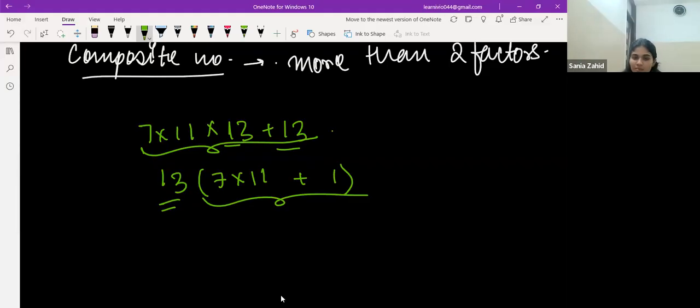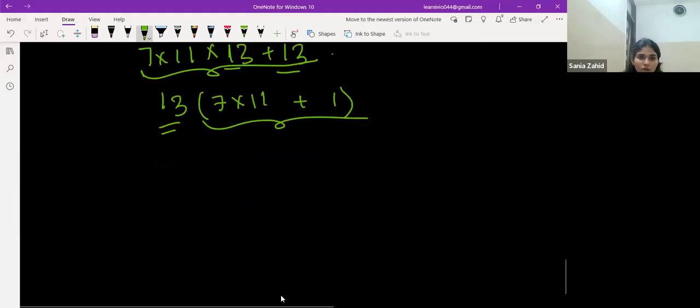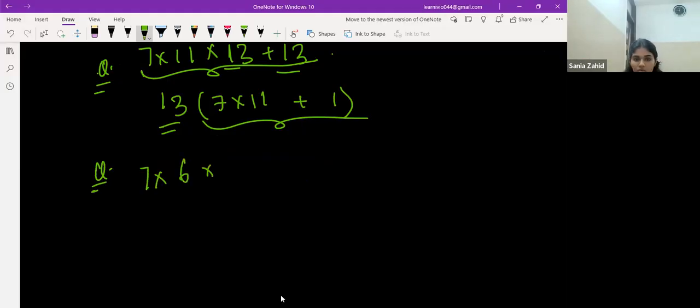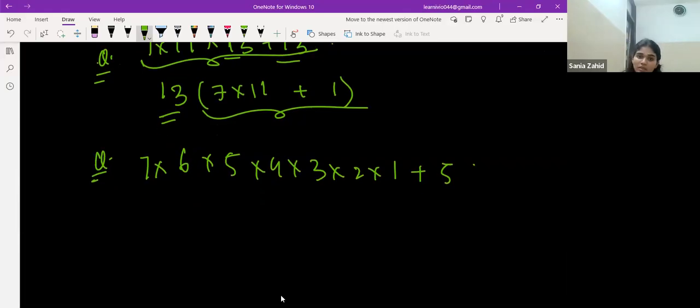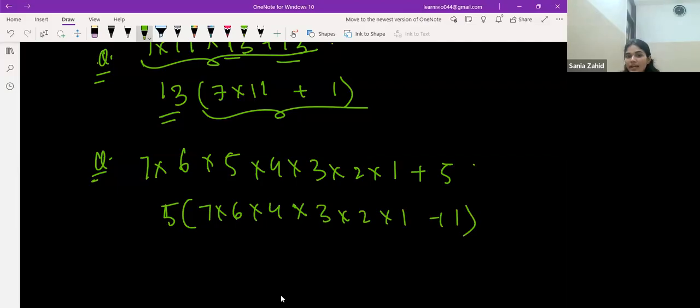And similarly, if I solve the second one, what is the second one? 7 into 6 into 5 into 4 into 3 into 2 into 1 plus 5. Again, I take 5 as common, and then I'm left with 7 into 6 into 4 into 3 into 2 into 1 plus 1. So again, I have two factors, 5 and this number, right? So that means they're composite numbers.